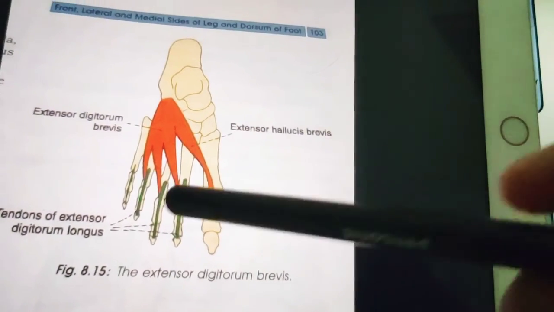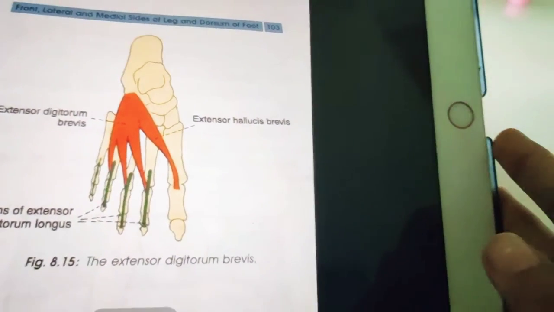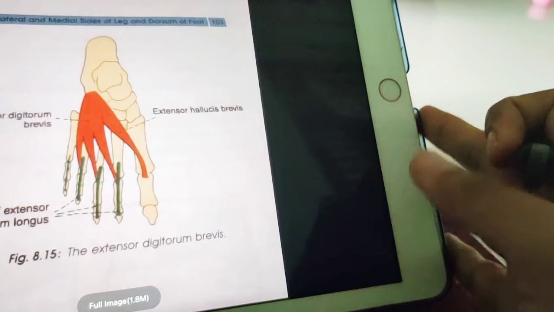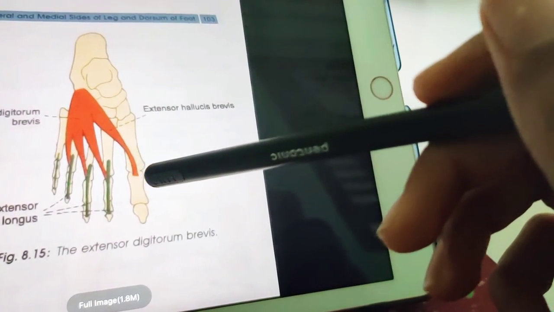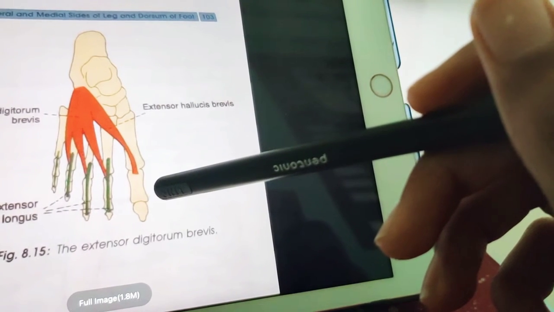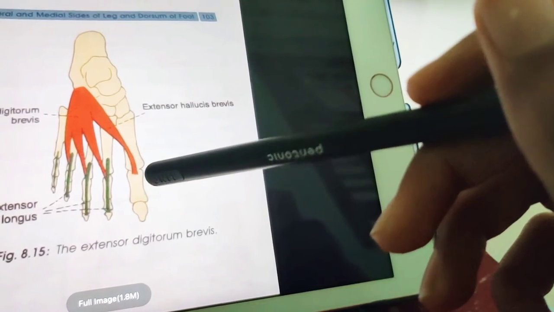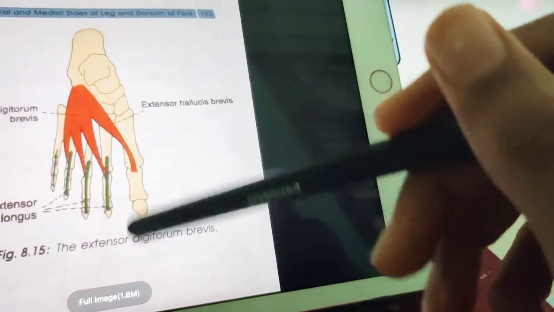This muscle divides into four tendons, as you can see, 1, 2, 3, 4, mainly for the medial four toes. The medial-most part of the muscle is distinct and is known as extensor hallucis brevis, because it supplies mainly the big toe.